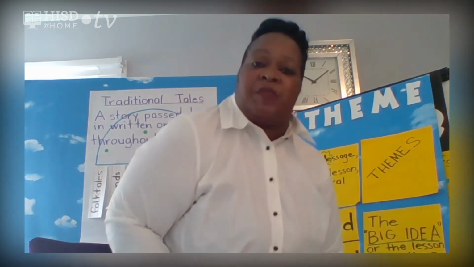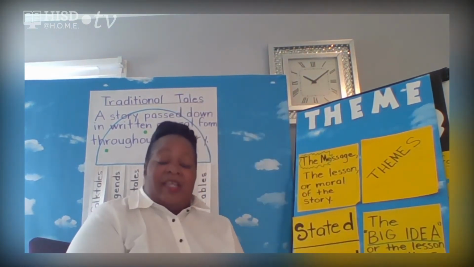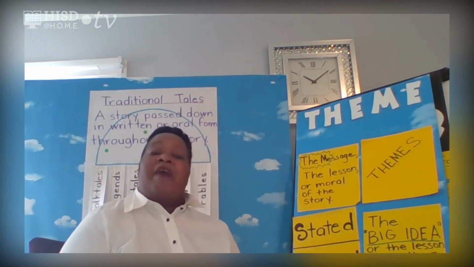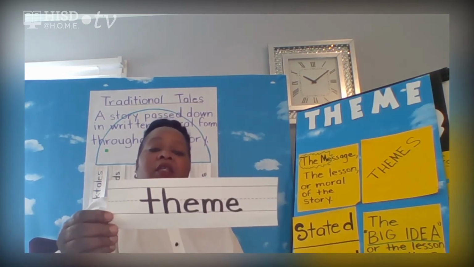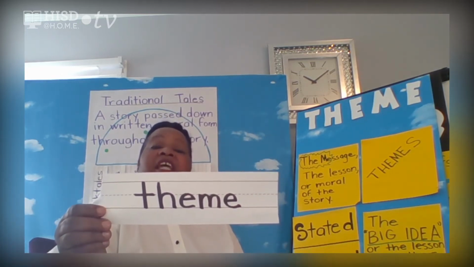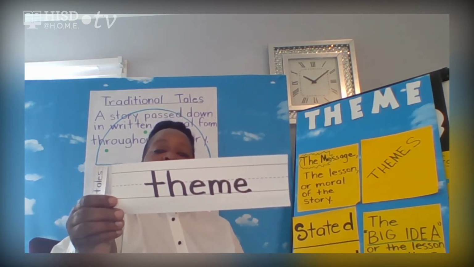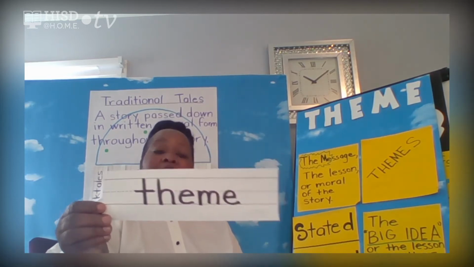Before we get into specifics with the story, let's look at our academic vocabulary. We have the word theme. Remember, a theme is a universal idea presented in a text that speaks to common human experience.